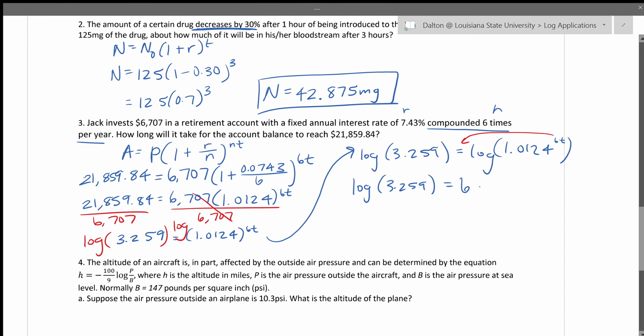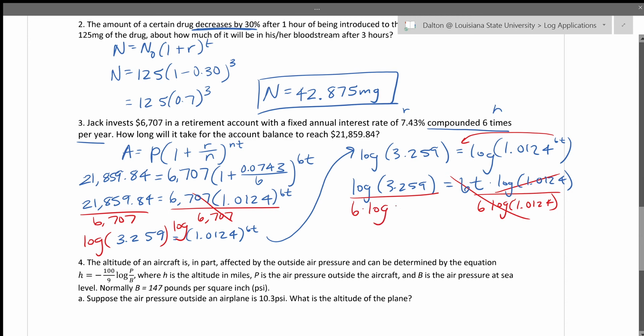So it would be 6t times the log of 1.0124. And then if I want to isolate t, I can go ahead and divide by all the stuff that's attached to t, 6 log of 1.0124, on both sides, and then I'll get my answer.